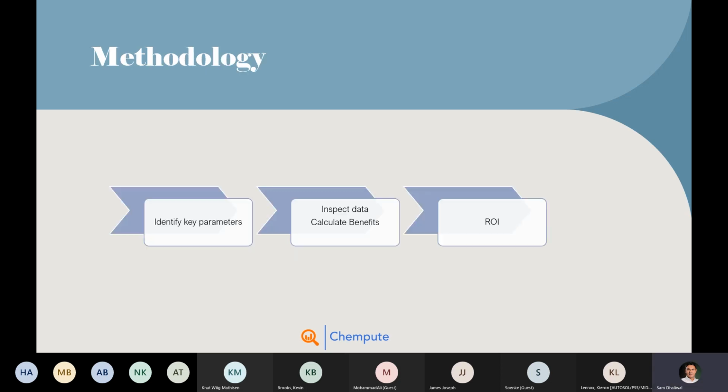So in terms of methodology, basically we start off with identifying some key parameters. Examples are product flows, qualities, feed rates, utilities such as fuel, gas, steam, oil, electricity.